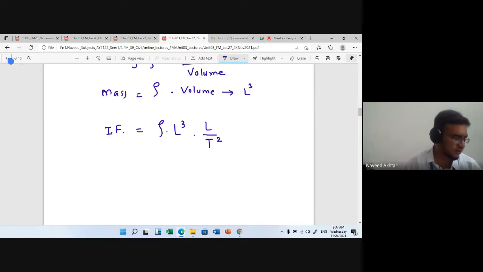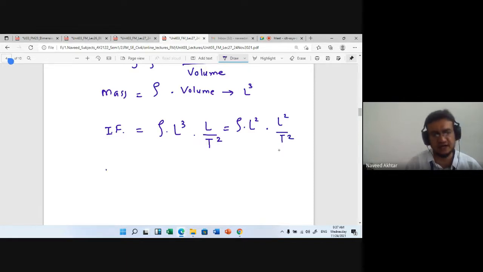Further, I will write rho into L square into L square upon t square.